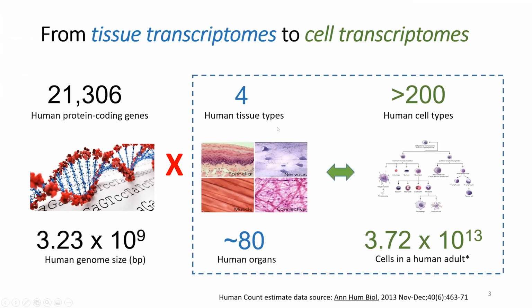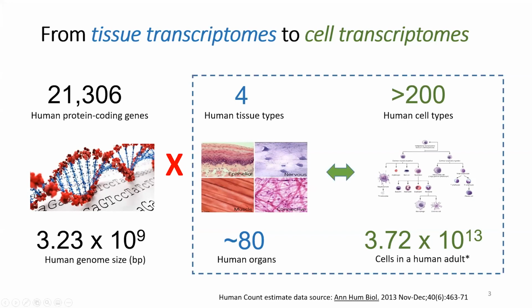But when you go down the hierarchy and explore the detailed human cell subtypes, you realize that there are more than 200 cell subtypes. If you actually chase every individual cell in a human adult, that number becomes mind-boggling.